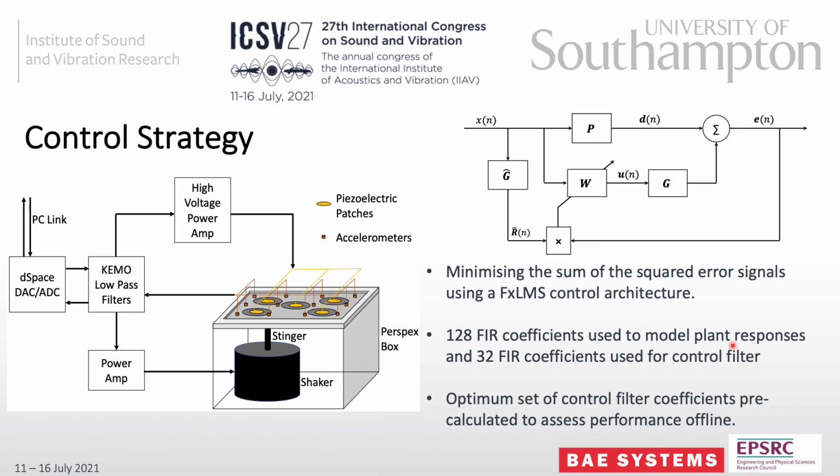To demonstrate the performance of this controller, I've implemented it by calculating the optimum set of control filter coefficients. However, in real time you'd expect to do this via an adaptive method.